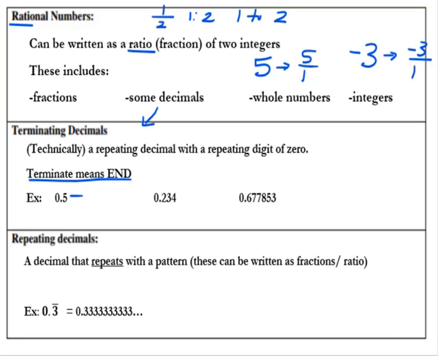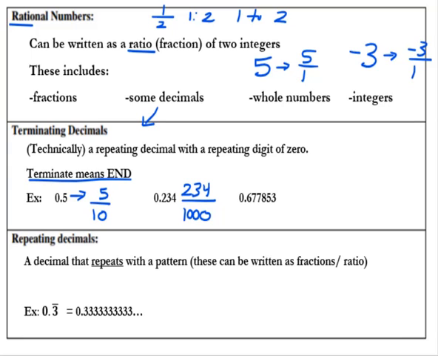So for example, in this problem, I would read this as 5/10, and it would just be written like that. The way I read it correctly, with correct math terminology, would be the way I would write it. The same thing with this number. This is technically 234 thousandths, so I would write it as a fraction like this.